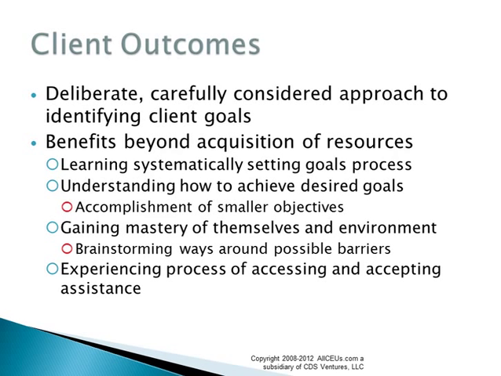When assessing client outcomes, it's important to use a deliberate, carefully considered approach to identify goals which offer benefits that go beyond the actual acquisition of needed resources. So what does that mean? That means Sally Sue getting food stamps is the basic acquisition of needed resources, but we want them to take it a step further.